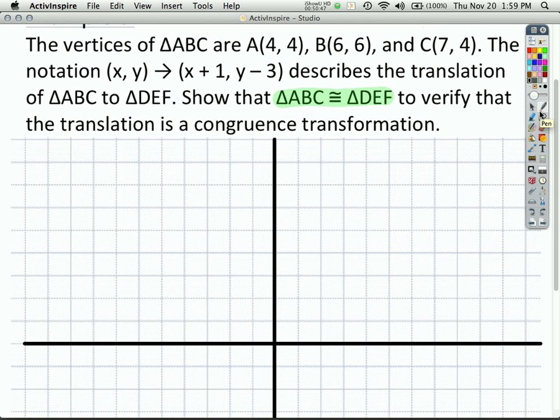And we need both triangles, so we need ABC, and then we need to do the transformation to get DEF. So let's work simultaneously. I'm going to talk through what I'm doing as I'm doing it.